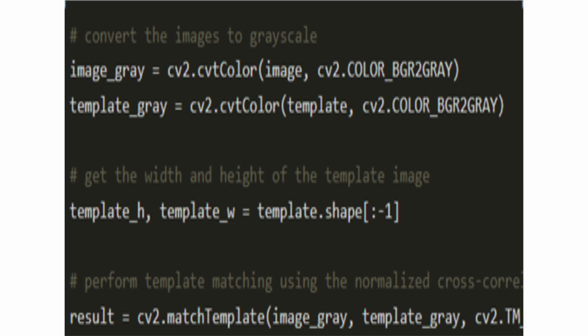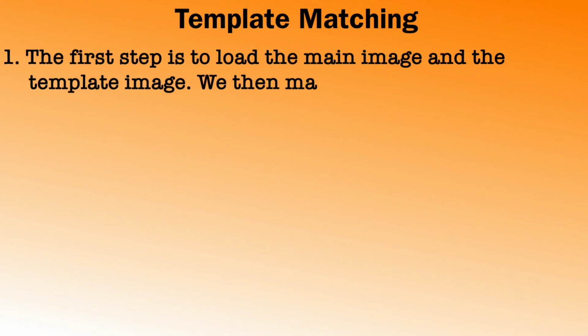BGR images are colored images, and grayscale images have values from 0 to 255, where 0 is black and 255 is white.